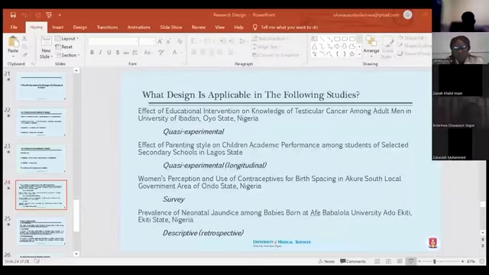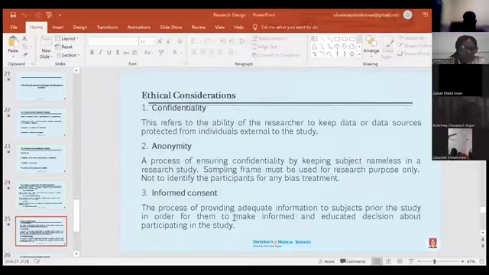Then informed consent is another thing, and it is also very important. You must provide your subjects, your study participants or respondents, all the necessary information that they have to know about the study. There should not be anything hidden. It is unethical for you to collect data from somebody, and that person is not aware you are collecting data.